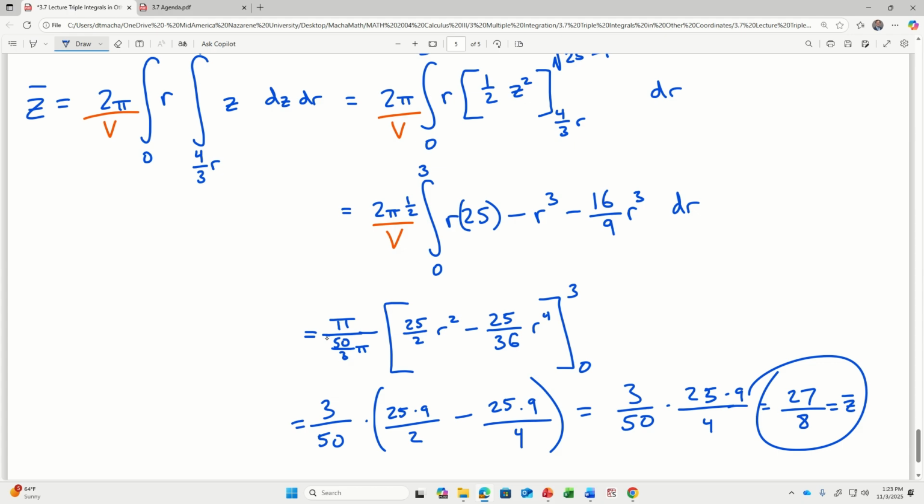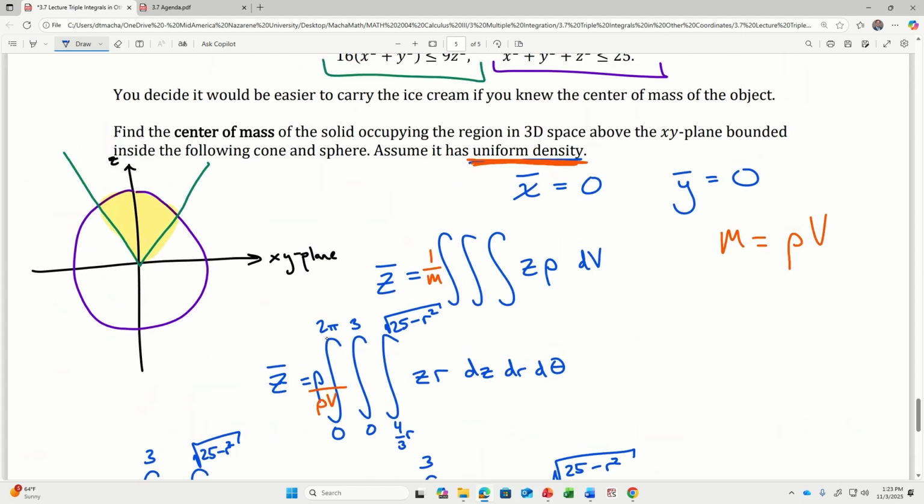Let's see where that would be, because remember anytime you do a center of mass problem, it's really easy to check your answer. Just plot, this is 5, so 1, 2, 3, 4, 5. I just found that my center of mass should be at about 3.375. That's my center of mass. Does that seem reasonable? Yeah.